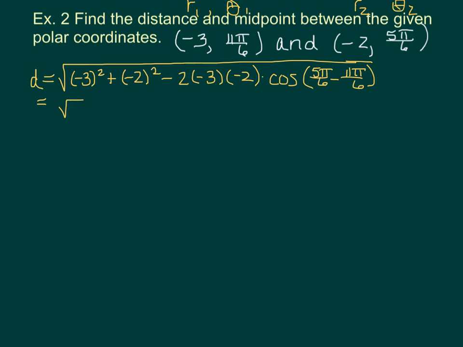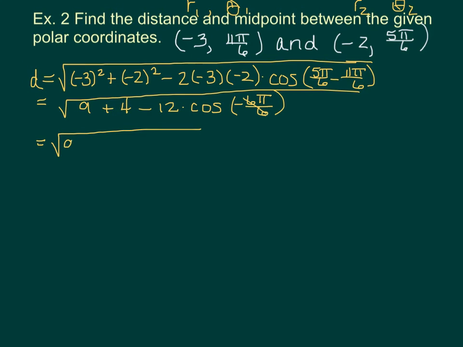Okay, so then I'm going to simplify. That's 9 plus 4. And the reason why I'm doing this is because it's in radians. My other problem wasn't. And multiplying all of those, I get negative 12 times cosine. My denominators are already the same, so I can subtract negative 6 pi over 6, which is equal to negative pi.